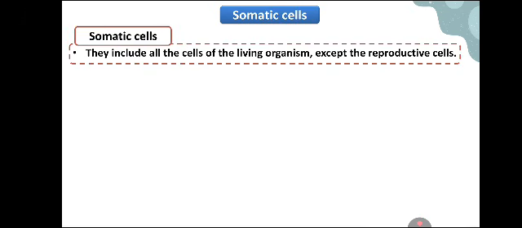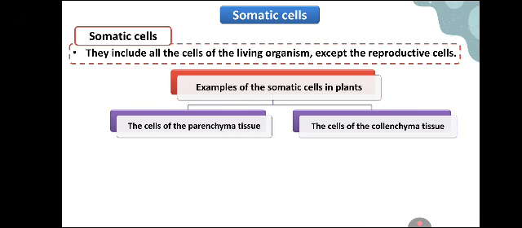As we said, somatic cells include all cells of a living organism except reproductive cells. Also, plants have somatic cells, right? Plants have roots, stem, and leaves. These parts are related to the body of the plant, so they are called somatic, like the cells of parenchyma tissue and the cells of collenchyma tissue.